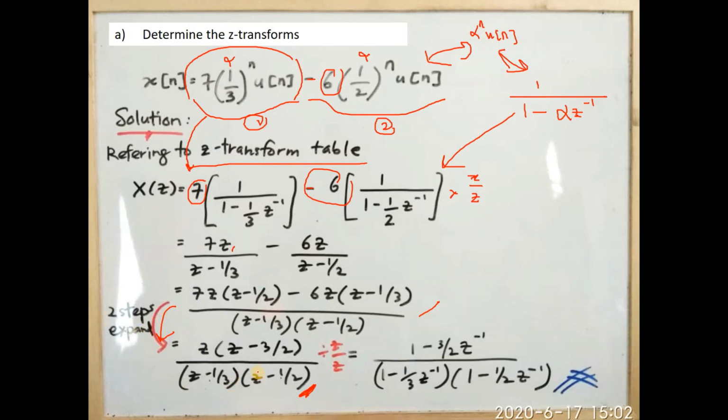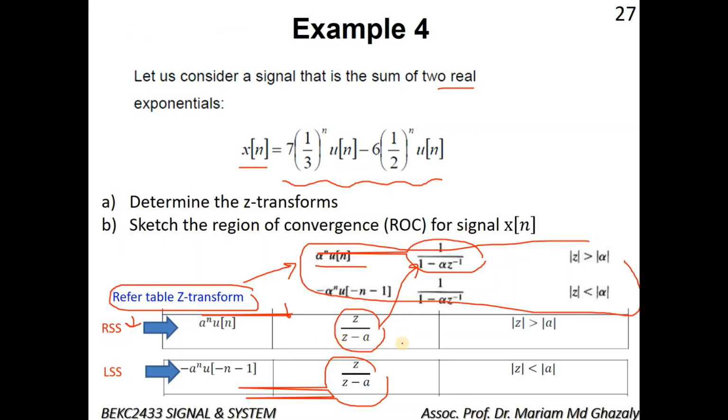The final equation is given by Z multiplied by Z minus 3 over 2, over Z minus 1 over 3 times Z minus 1 over 2. You can either leave it in this form or in the other form. Either one is the same. This refers to the equation just now.